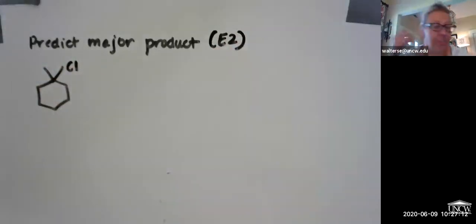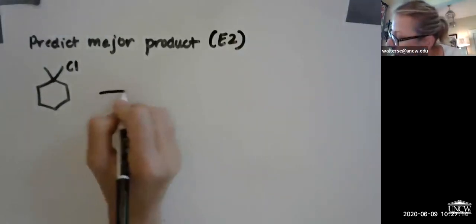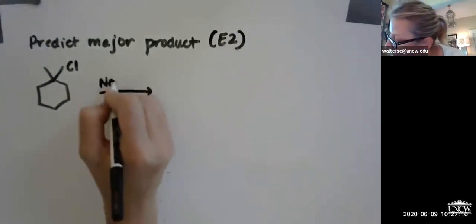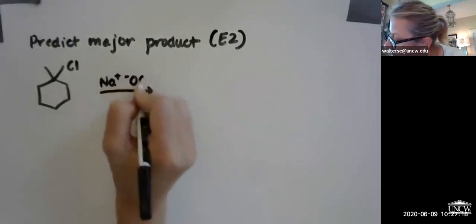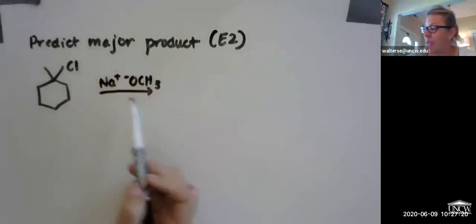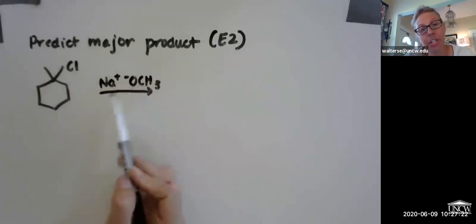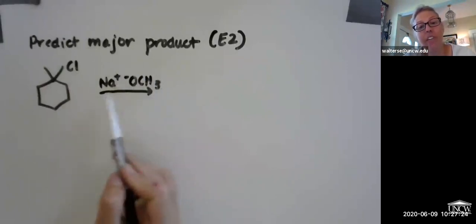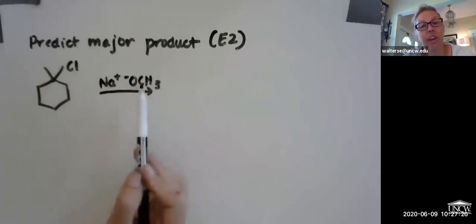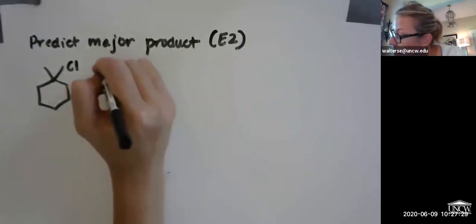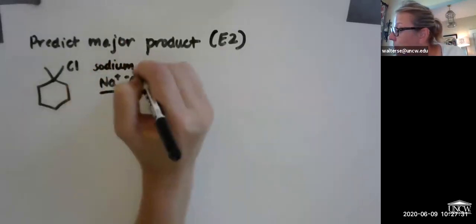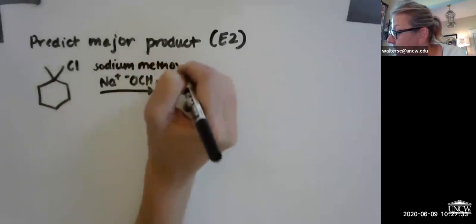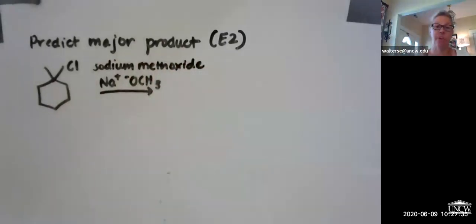I want you to use E2. Okay, so just like in substitution, your bases are often going to come from salts. So sodium methoxide is the source of the base in this case. Okay, so I want you to determine the major product and draw it.